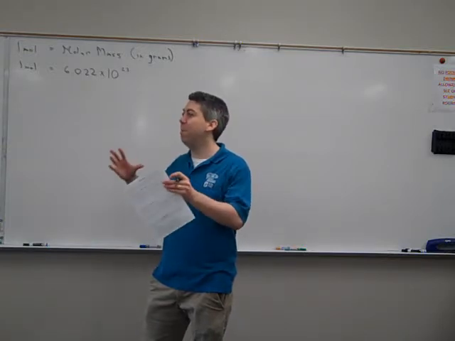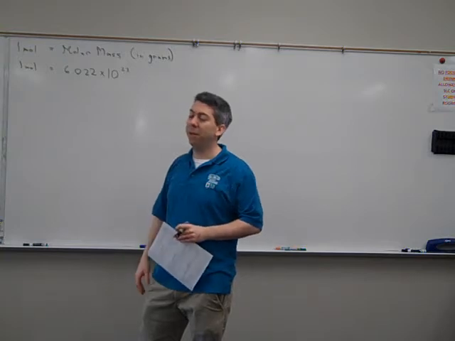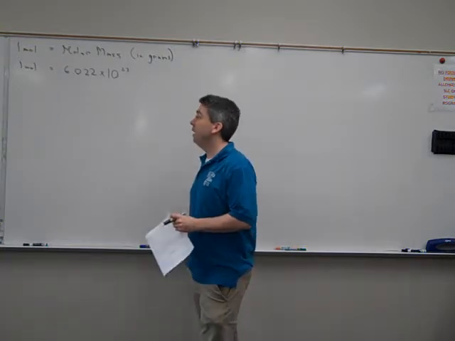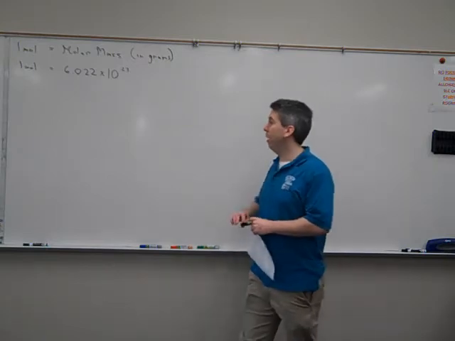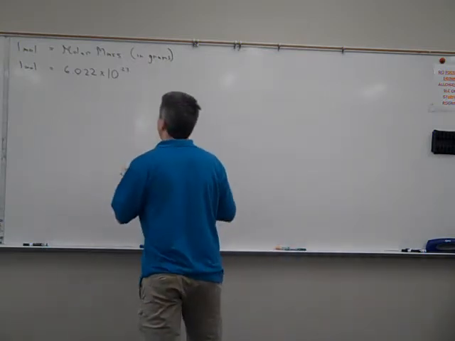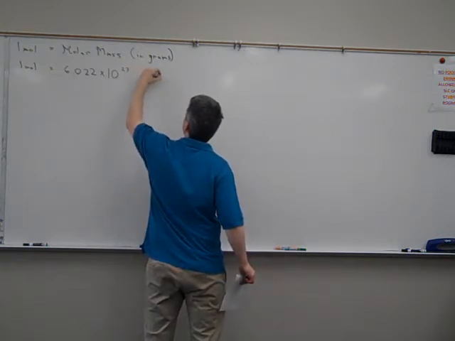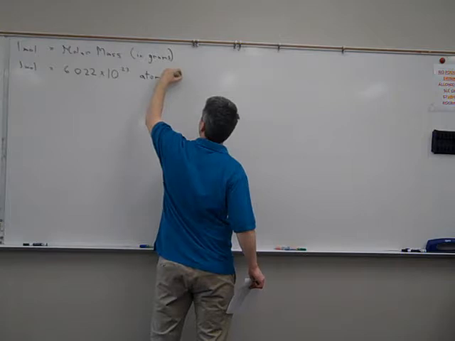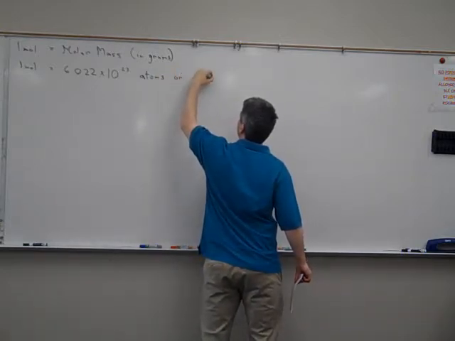It would actually have enough mass to form a planet bigger than Earth. So it's quite a lot. It's a huge, huge number. So typically in chemistry, when we use this number, it's a mole of atoms or molecules.